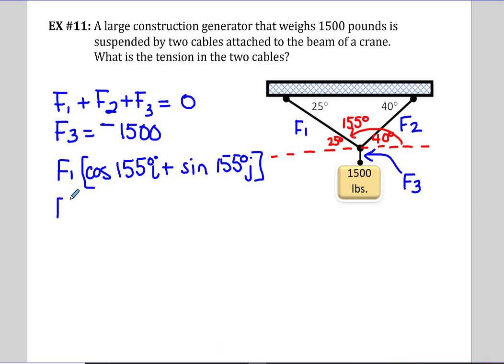And we'll say force 2 is the magnitude times cosine of 40 in the i direction and the sine of 40 in the j direction, and then we have force 3.